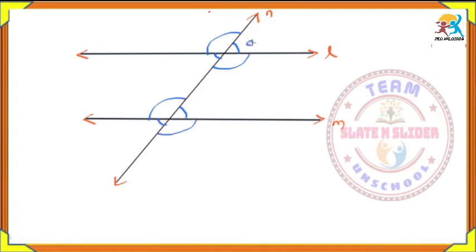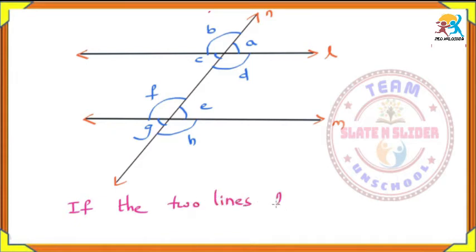Their names are angle A, angle B, angle C, angle D, angle E, angle F, angle G, angle H. So if the two lines L and M are parallel, then what will happen?